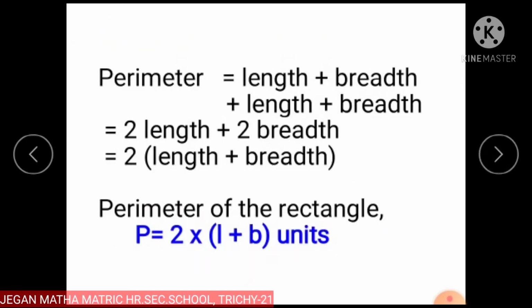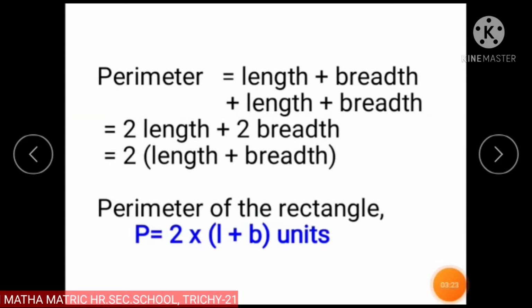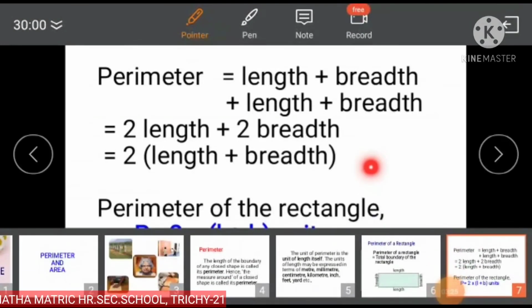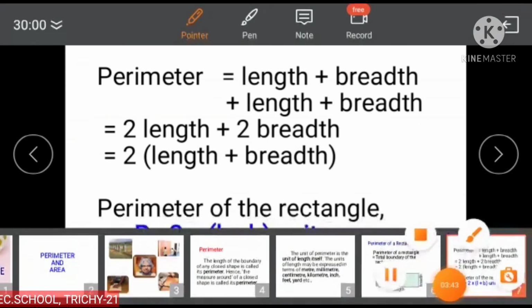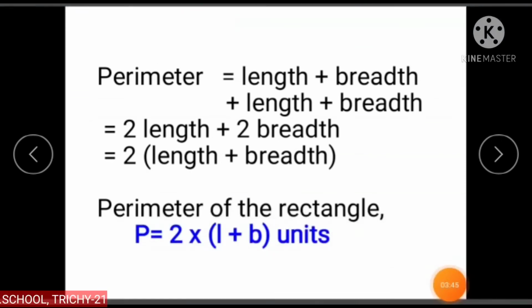Therefore, perimeter of the rectangle P equal to 2 into (L plus B) units. Here, length, breadth and perimeter of rectangle are taken as L, B and P respectively.